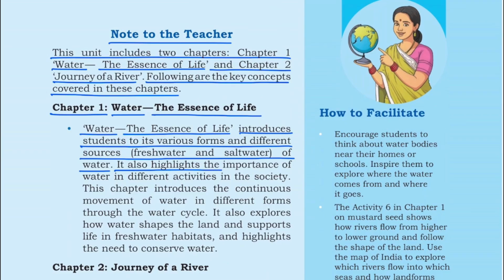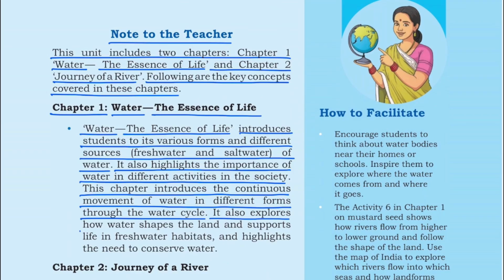It also highlights the importance of water in different activities in the society. This chapter introduces the continuous movement of water in different forms through the water cycle. It also explores how water shapes the land and supports life in freshwater habitats and highlights the need to conserve water.